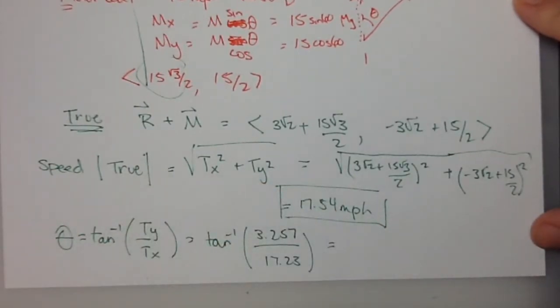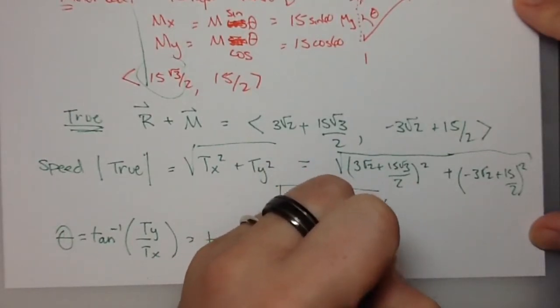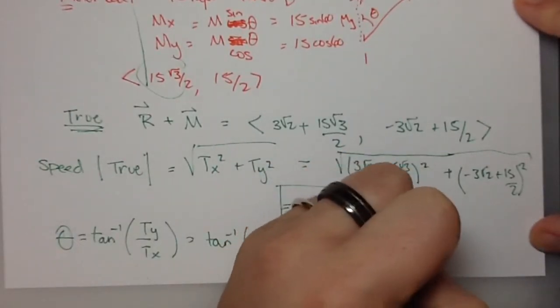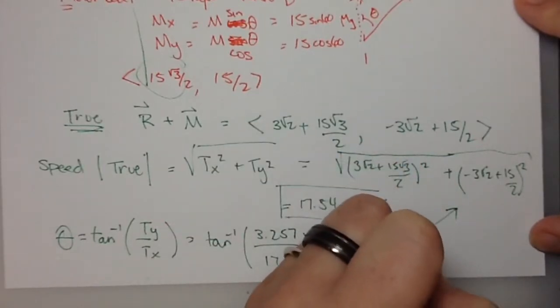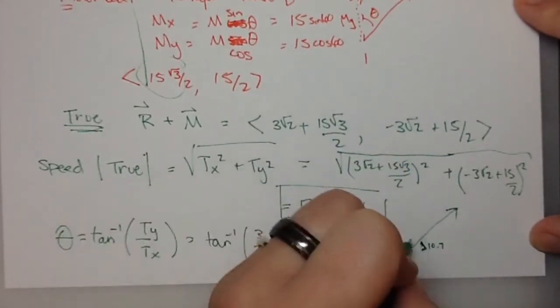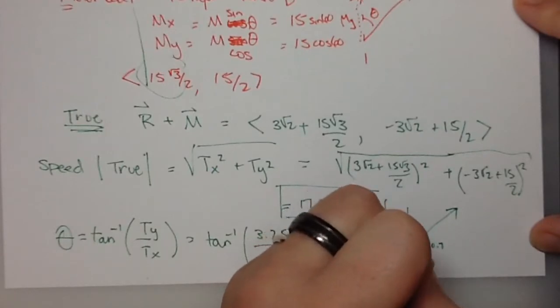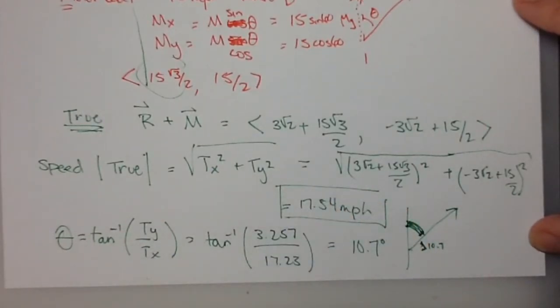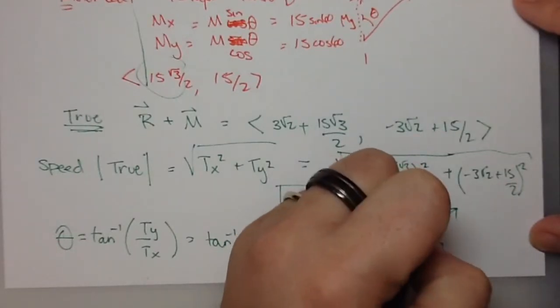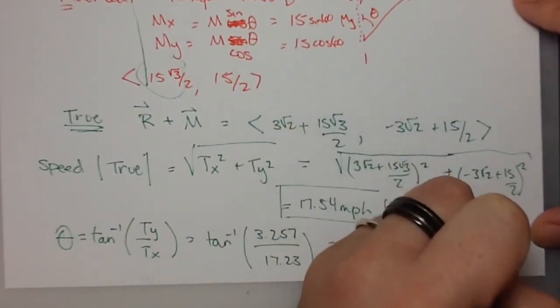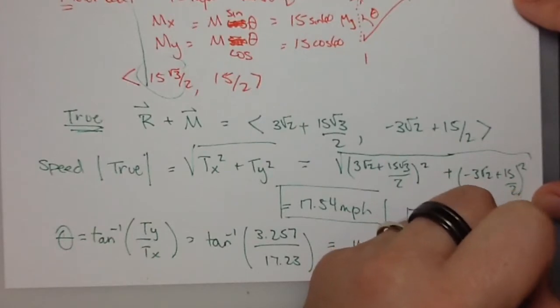And so this gives us 10.7 degrees. But remember, guys, the angle that it gives us is here. So if this is 10.7, then this bearing angle has got to be 90 minus that. So 90 minus 10.7 is 79.3. So north, 79.3 east.